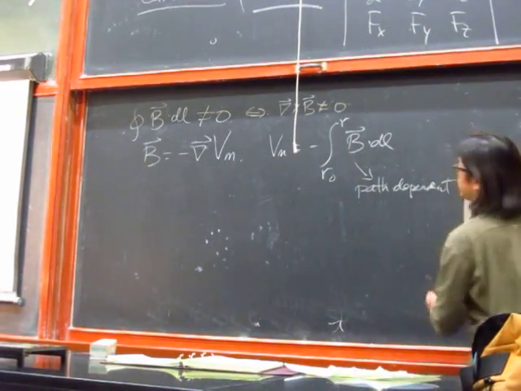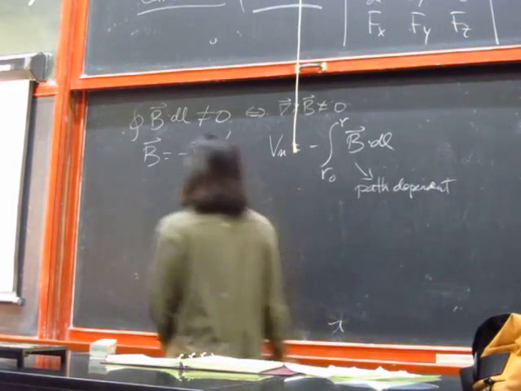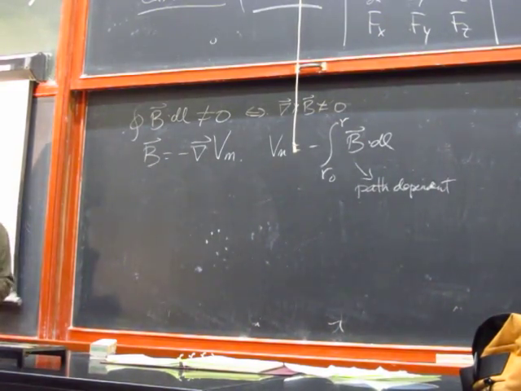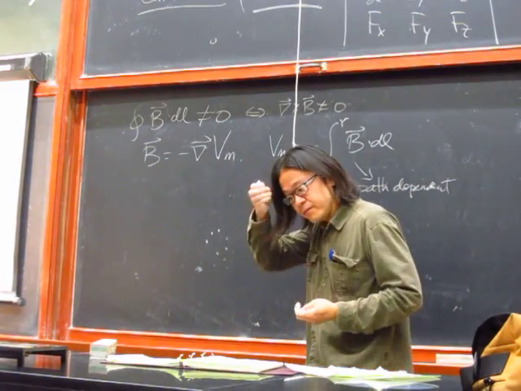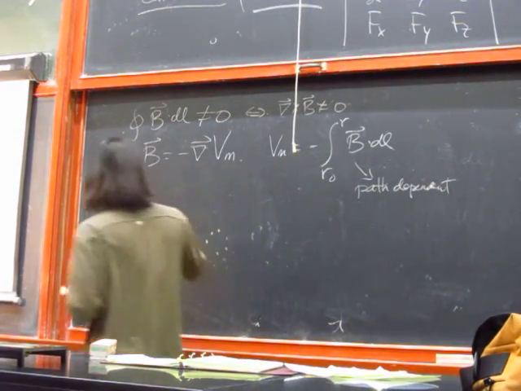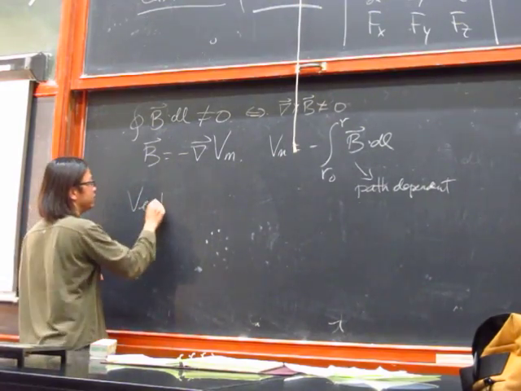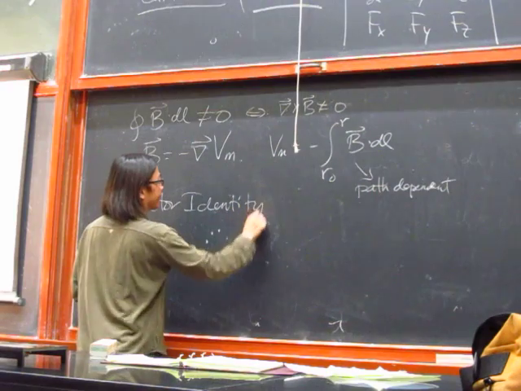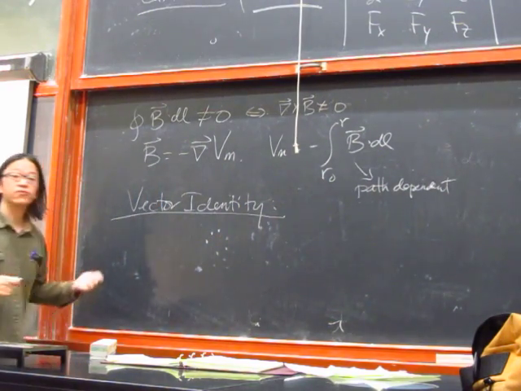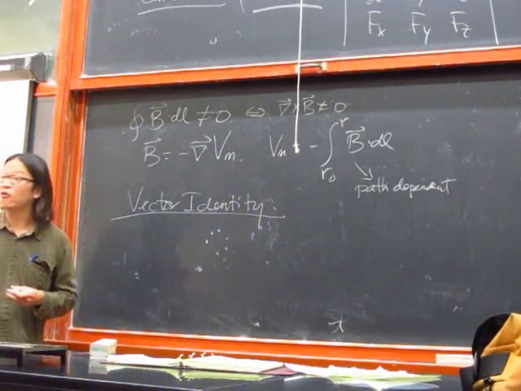But it turns out you can do more than that. Before I do that, there is a little bit of vector identity that you need to know, and this will make things easier. This is also from Math 53 or 54.